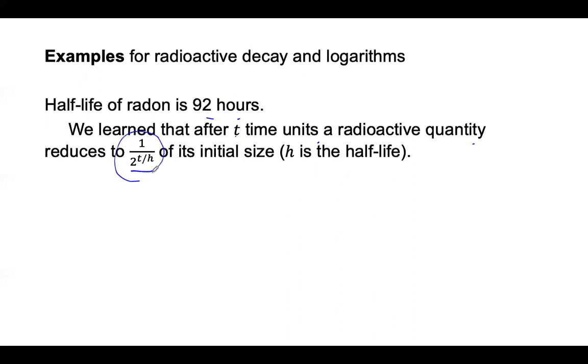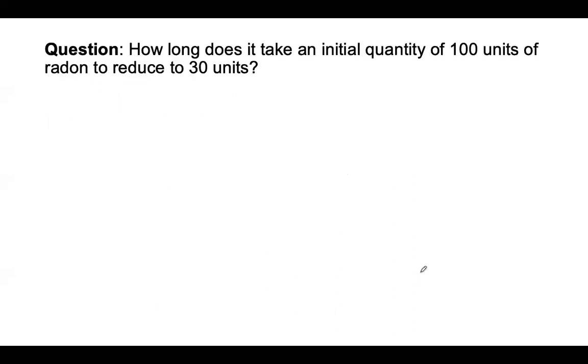So a question: how long does it take an initial amount of 100 units of radon to reduce to 30 units? We have 100 and we want to find the time it takes to reduce it to 30. We know the half-life H is 92 hours.